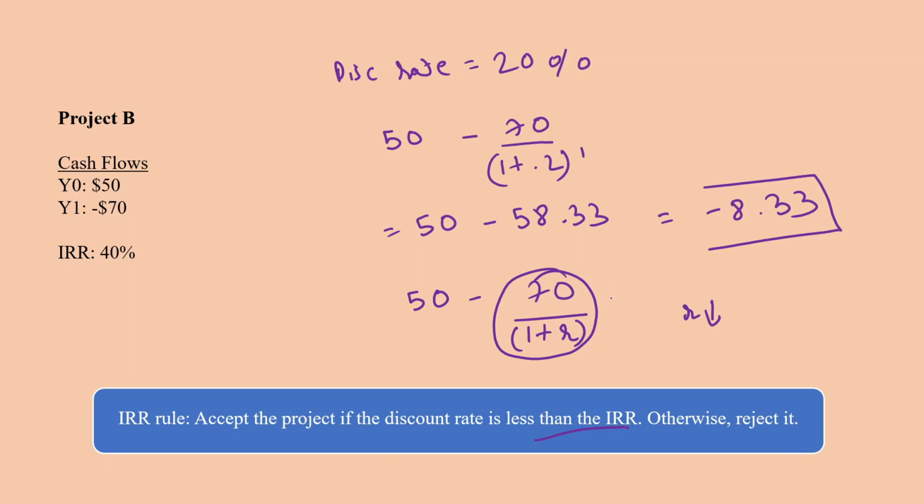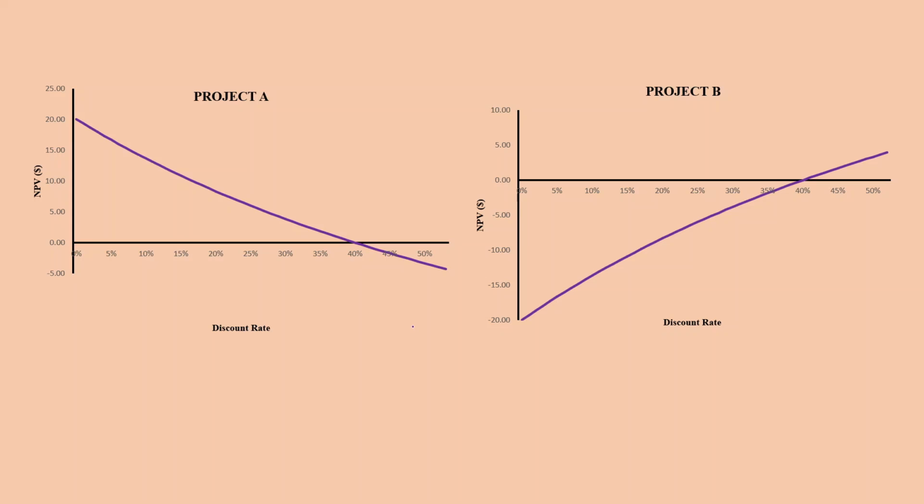So value of the whole term increases, and since this value is in negative, you're gonna get a negative net present value instead. You can even verify this from the NPV profile for both of the projects. The NPV profile is just a graph of NPV at a range of discount rates. The place where the curve intersects the x-axis is the internal rate of return because the net present value turns out to be equal to 0.